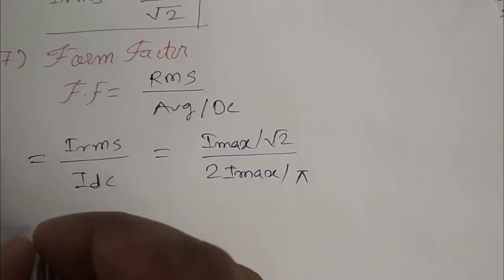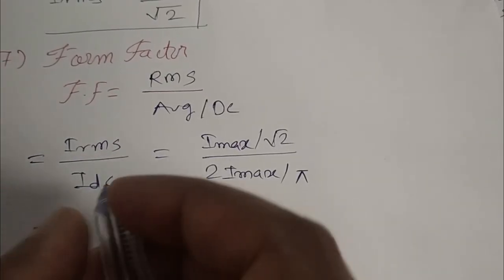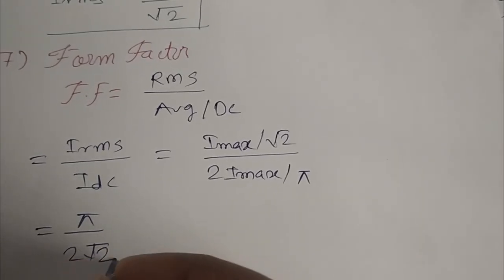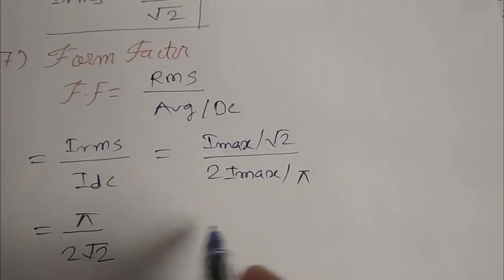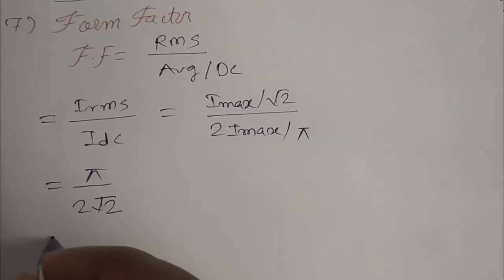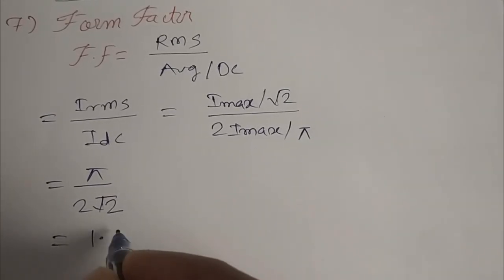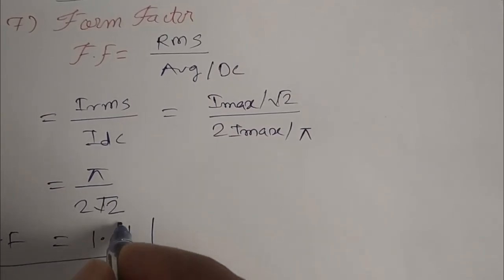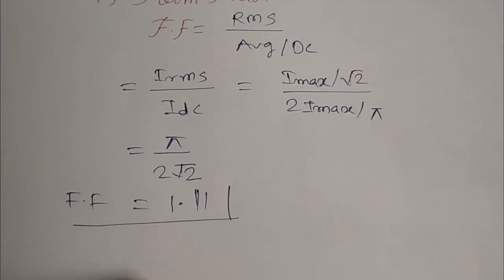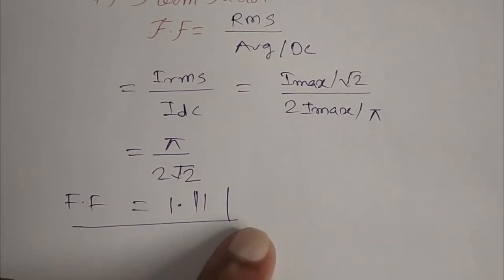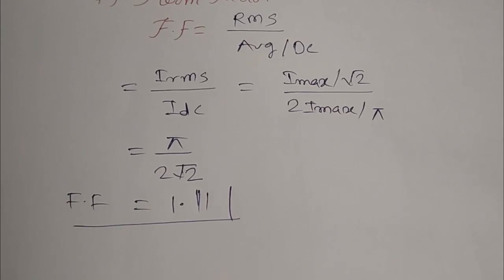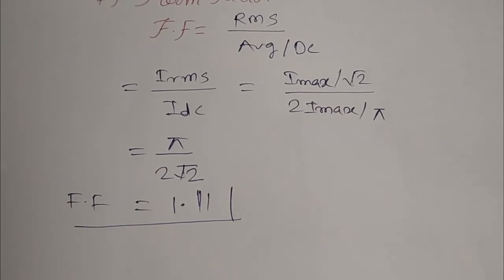So this one will be equal to pi by 2 root 2. If we solve this expression, we will get 1.11. This will be the form factor. The value of form factor, you have to remember: 1.11.